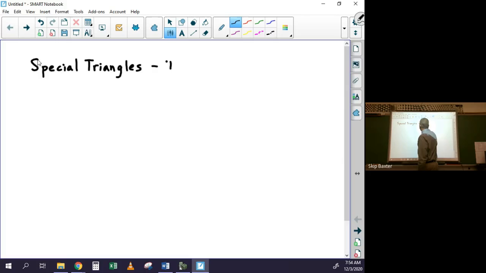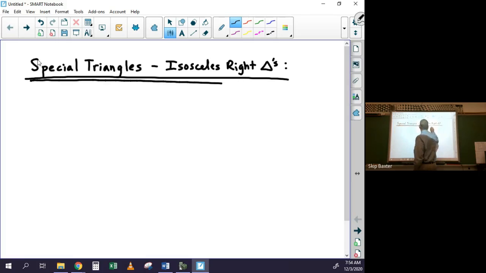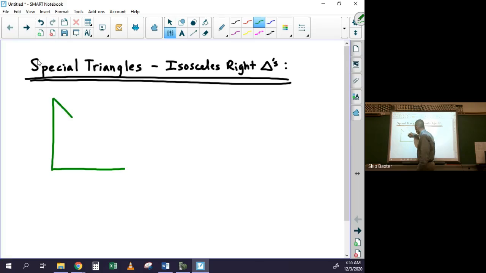Okay, so an isosceles right triangle looks like this, has a right angle and two 45-degree angles.